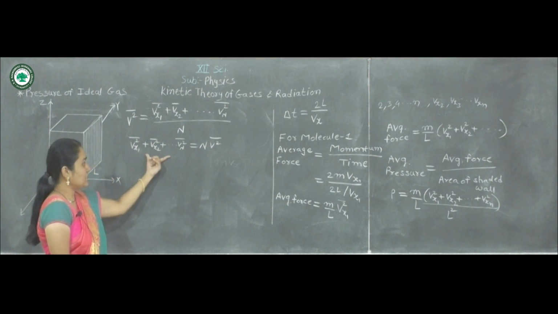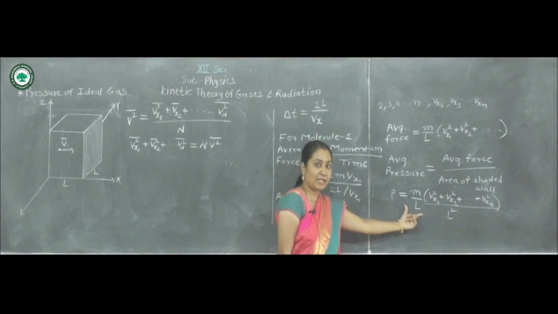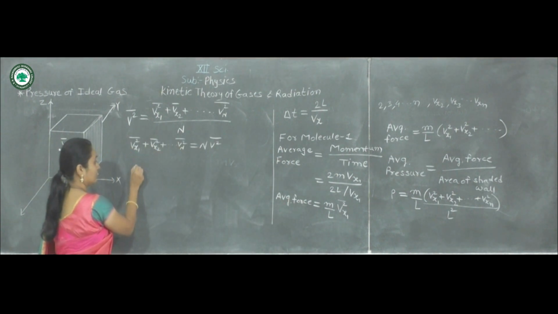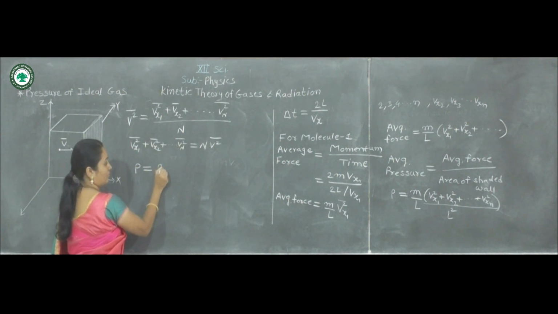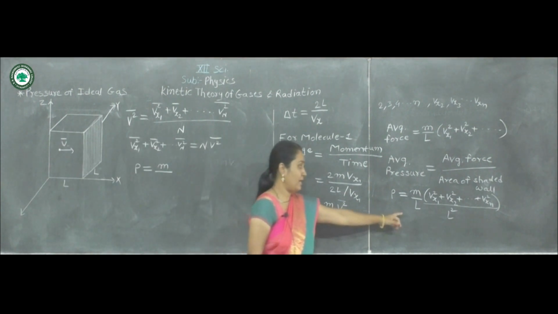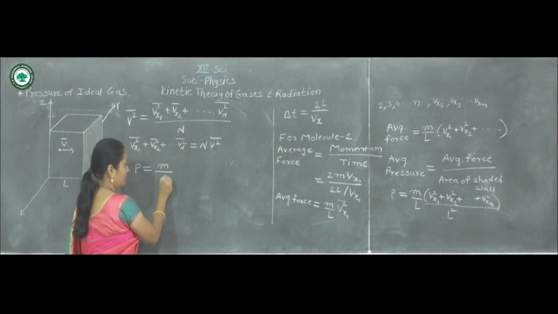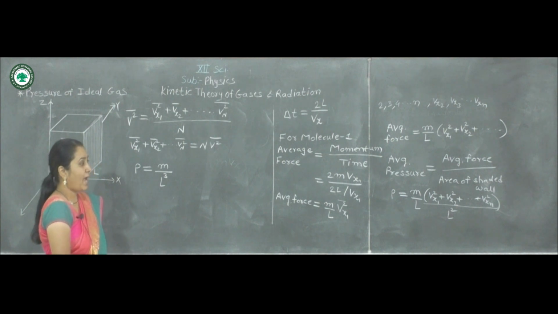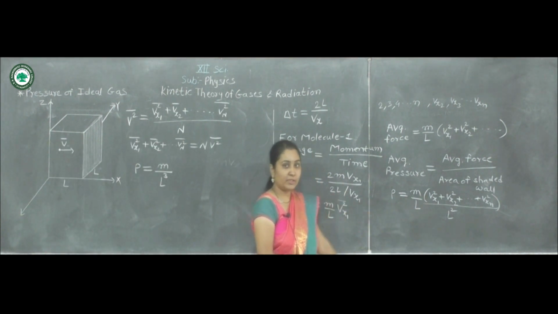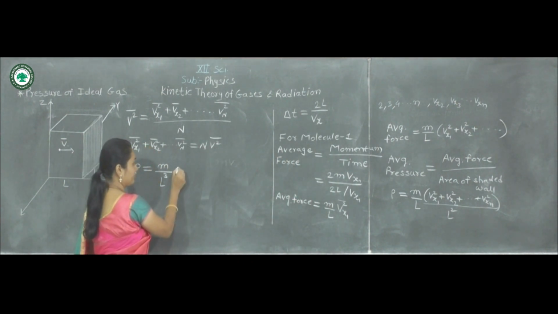So by using this value in the equation of pressure, we can write the equation of pressure as m divided by, so this L into L square can be written as L cube, and instead of this bracket, we can substitute this value n into V square bar.